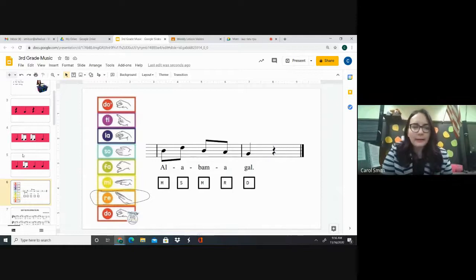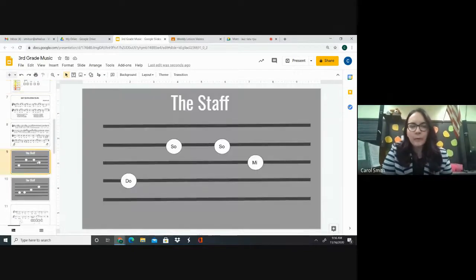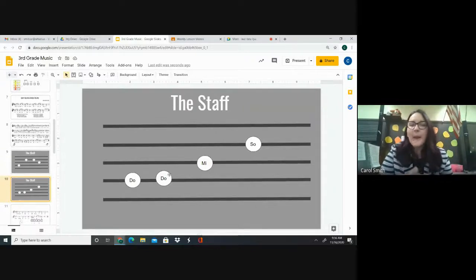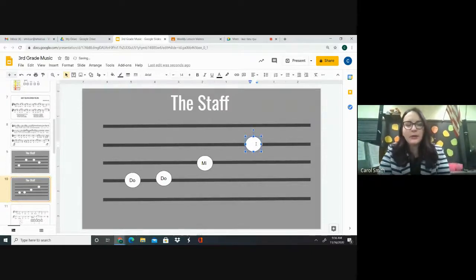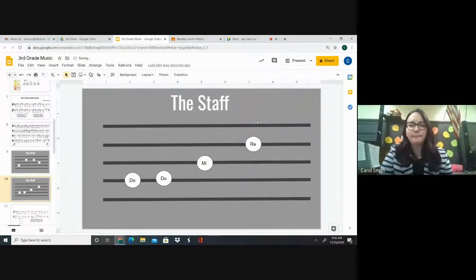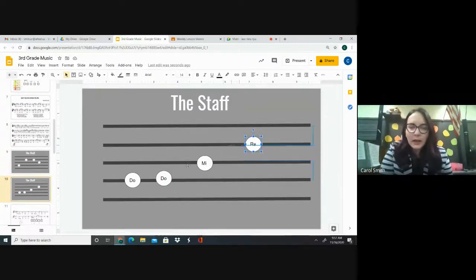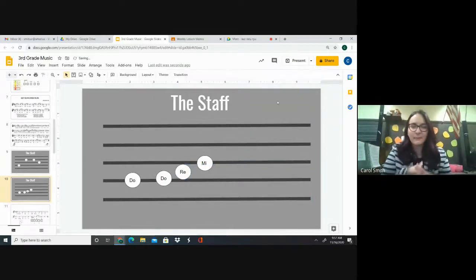We know that if do is on a line, mi is on the line above it, like how we have here. But if I were to include re, we know that re goes in between mi and do. If do is on a line and mi is on a line, re would have to go inside the space.